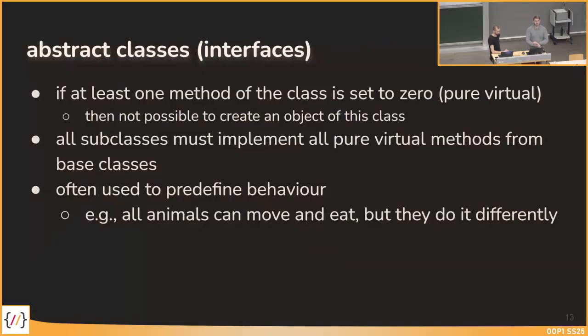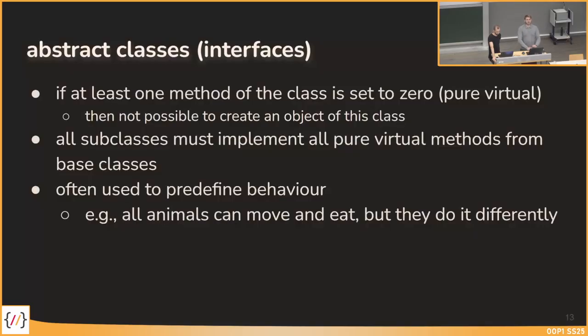Yeah, in C++, we sometimes call abstract classes interfaces. In Java, for instance, there is a differentiation between abstract classes and interfaces. They have somewhat different behavior, different properties, but in general, it's enough to say in this course that abstract classes are kind of interfaces.